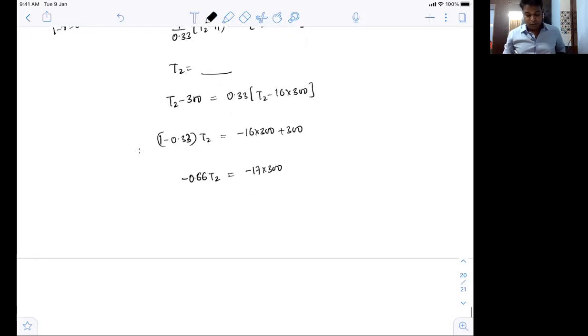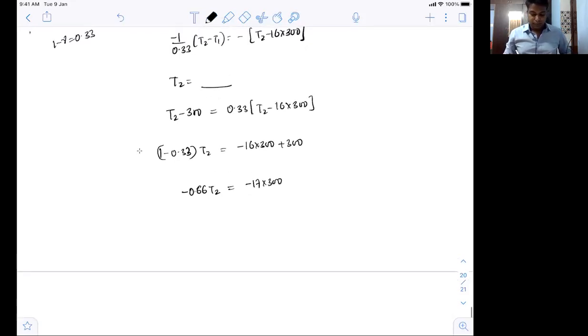And I multiplied by 0.33, so minus 16 into 300 into 0.33. 0.33 को 1 by 3 लिख सकते हैं ना, so it is nothing but 1 by 3. And here also 0.66 which I have done.